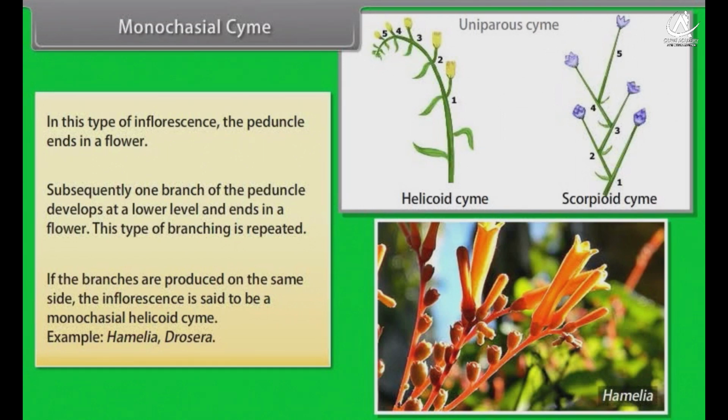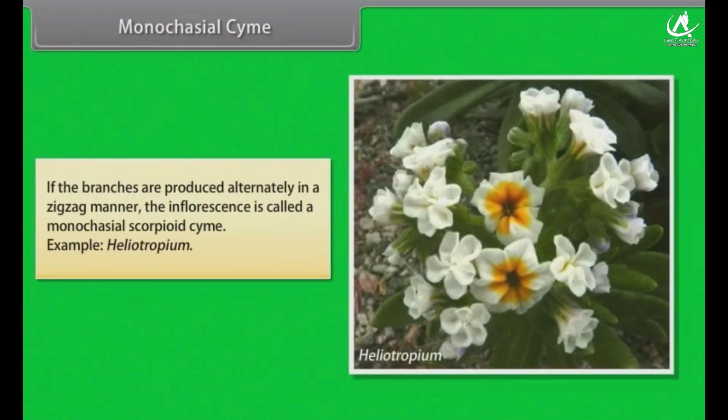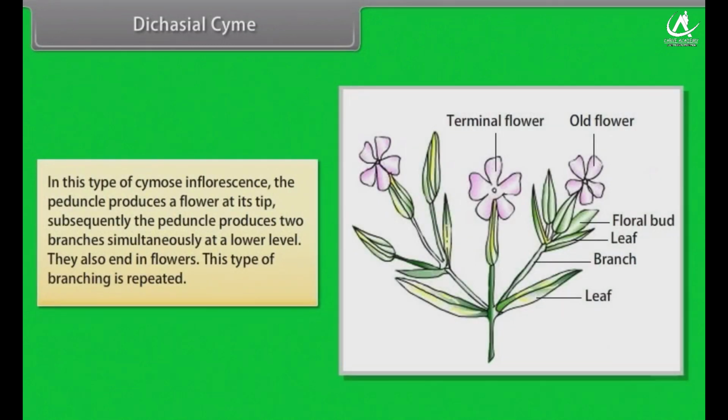Example, Hamelia, Drosera. If the branches are produced alternately in a zigzag manner, the inflorescence is called a monochasial scorpioid cyme. Example, Heliotropium.